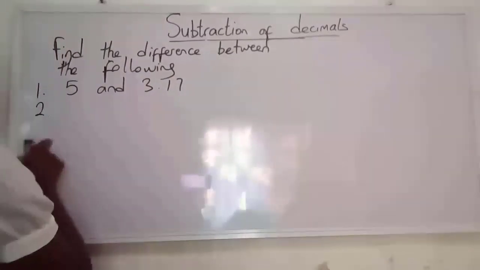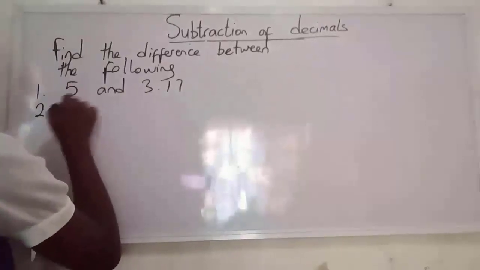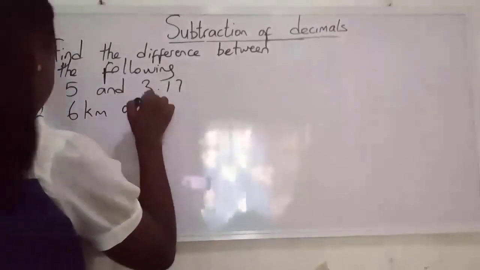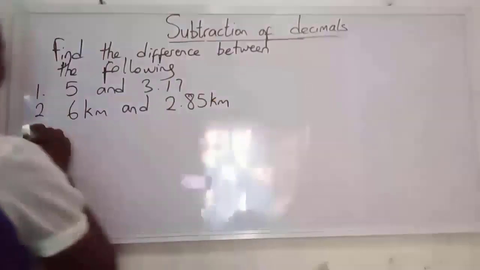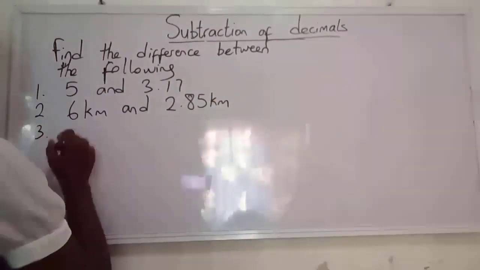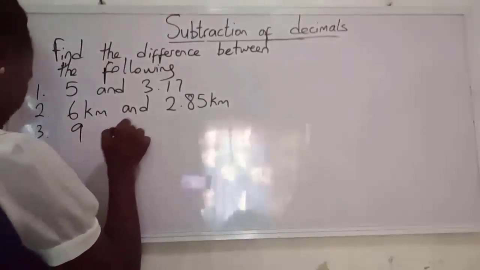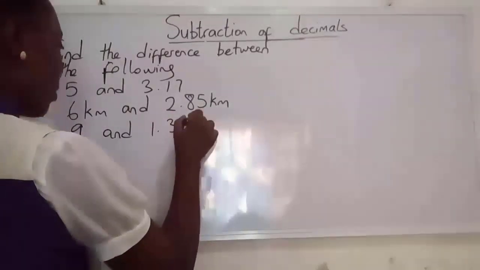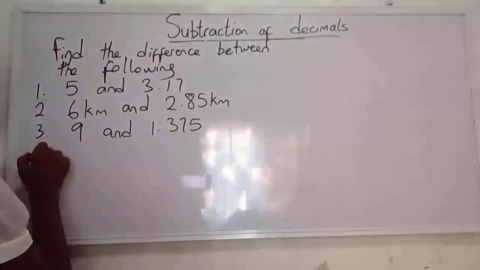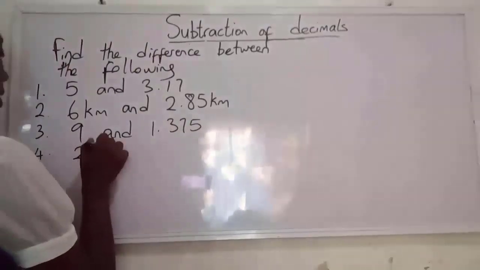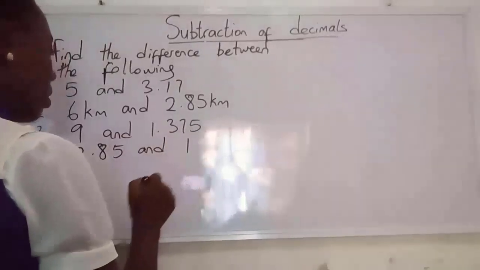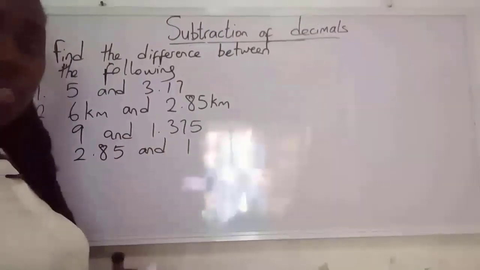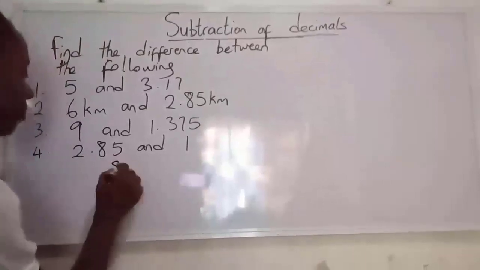Number 2, we have 6 kilometers and 2.85 kilometers. Number 3, we have 9 and 1.375. Number 4, we have 2.85 and 1. Alright, so let's see these examples. Solution.